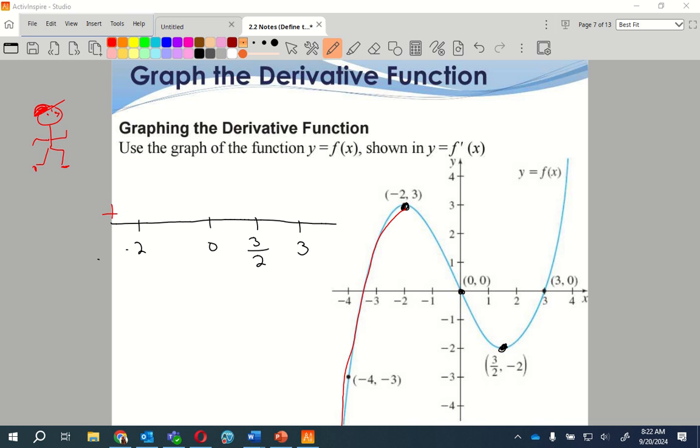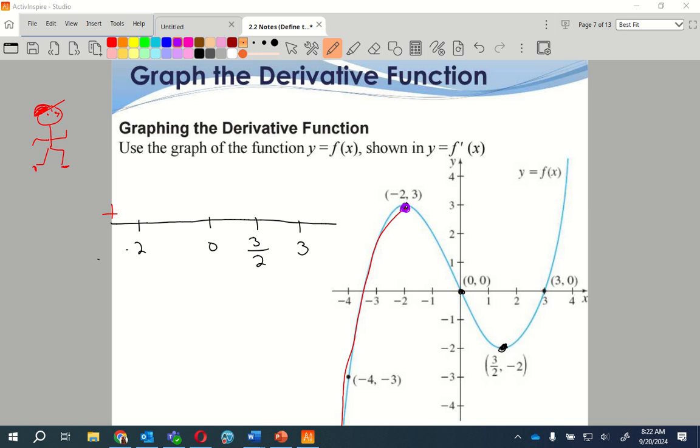Okay. And what happens right here? Okay, the slope is 0 at that point. I'm going to use a purple. This is 0 at this point right here, right? And now, if I'm looking at my little guy, what is the guy doing from -2 all the way down to 3/2?